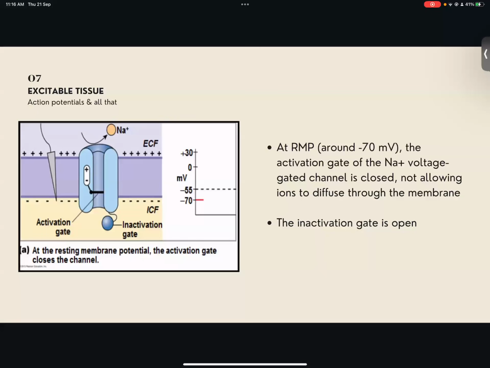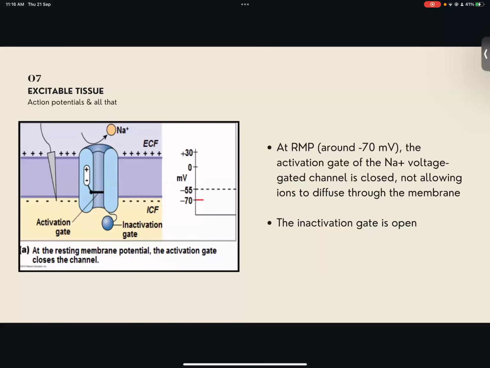We're going to be talking about two gates, your activation gate and your inactivation gate. At the resting membrane potential, your activation gate is closed. So this little thing that you see labeled in the diagram is closed because you're not yet at the threshold, which is what causes your action potential.